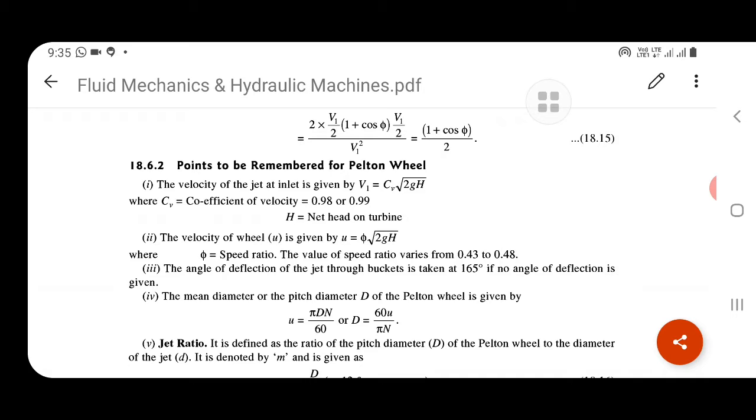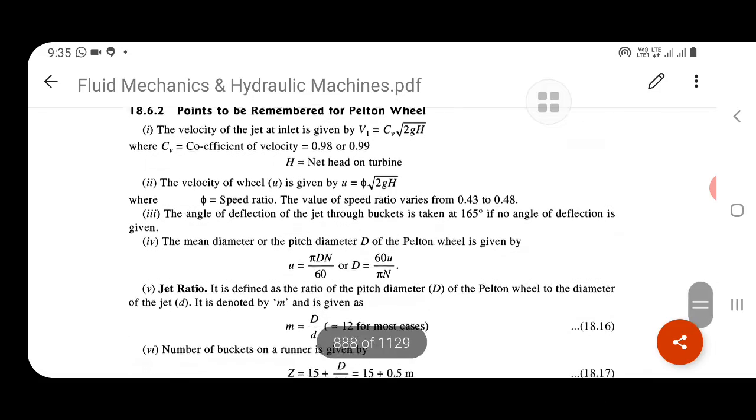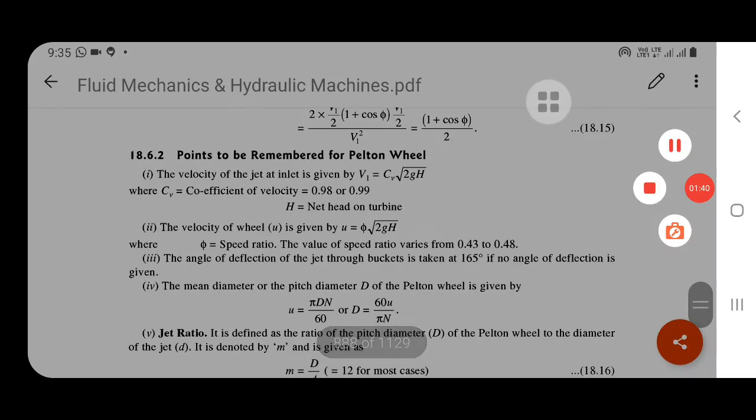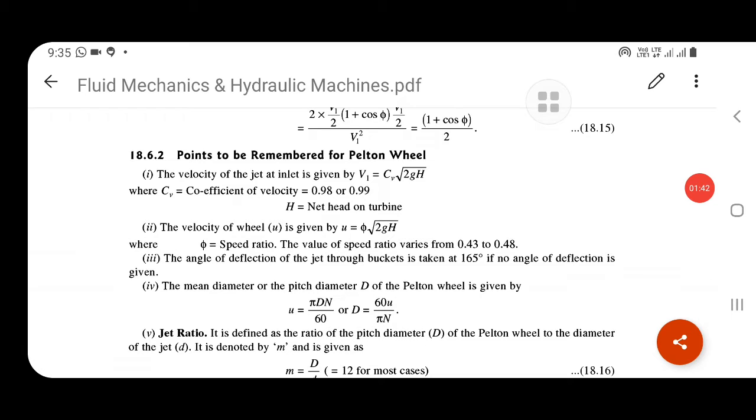The mean bucket velocity is u is equal to pi D N upon 60. With the help of that, D is equal to 60 u upon pi N, we can calculate. So firstly write down this. Remember points.